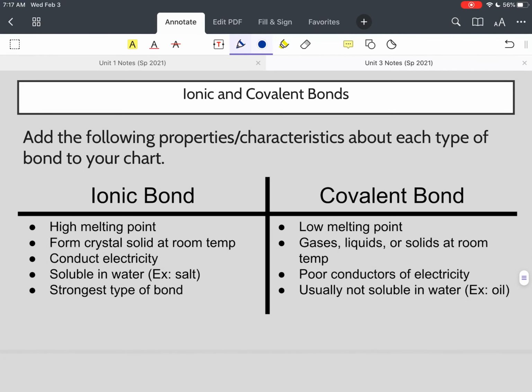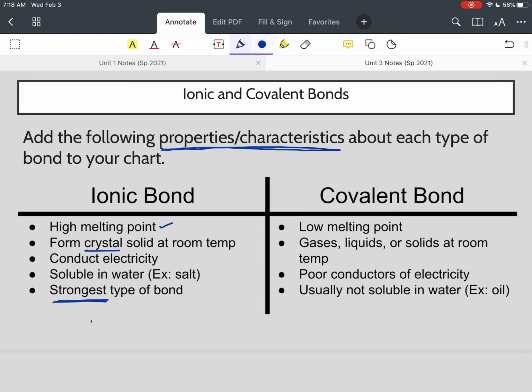There's a few other things we need to write down on this chart as well, and these are just properties, characteristics about these two types of bonds. So our ionic bonds are a little bit different than our covalent bonds, and it mainly has to do with the structure that they form. Our ionic bonds are very strong, and because of that, they have a very high melting point. They form these kind of crystal-like solids.